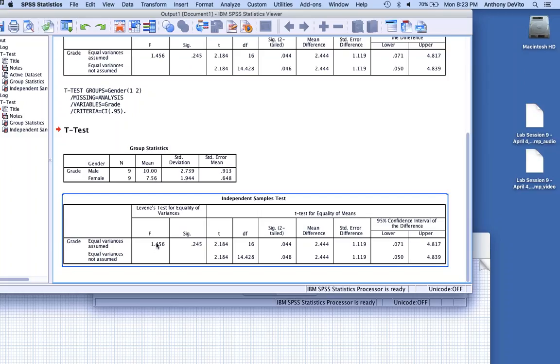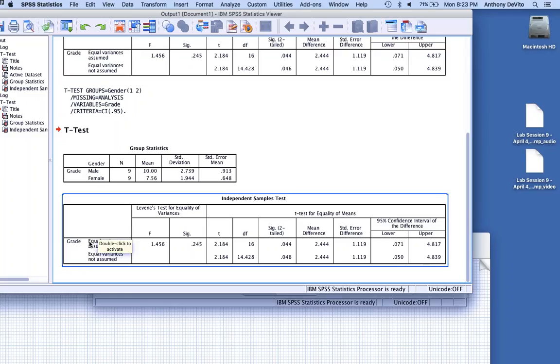And unless my statistical result for that test, my significance or p-value, is less than 0.05, I'm not going to reject that idea that they're the same, right? As long as my significance or p-value is not less than 0.05, I'm not going to reject the idea that the variances are equal. But if that significance value is less than 0.05, I'm rejecting the idea that the variances are equal and saying that I'm assuming that the variances are not equal.